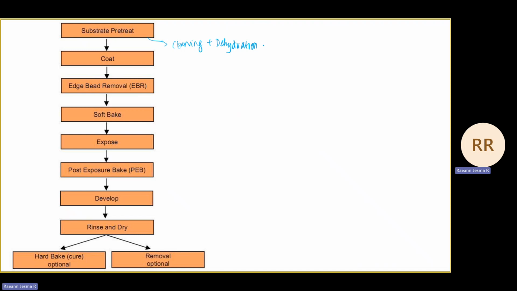We can also coat a primer. So this primer will help you in better adhesion of the photoresist. In the coating phase, after coating the primer, we'll spin coat the photoresist.